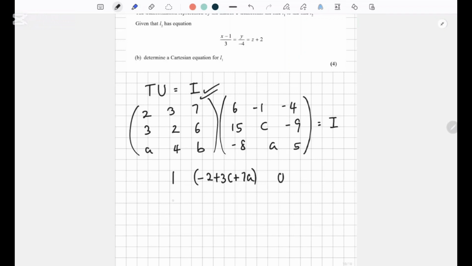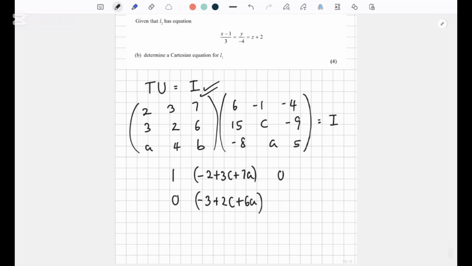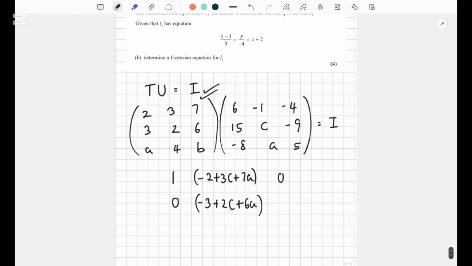Now we go for the second row. So your first number is again 0. And your next number. So 3 into minus 1 is minus 3, 2 into C is 2C plus 6A. And the next value should also be 0 because an identity matrix is 1, 0, 0, 0, 1, 0, and 0, 0, 1, right?